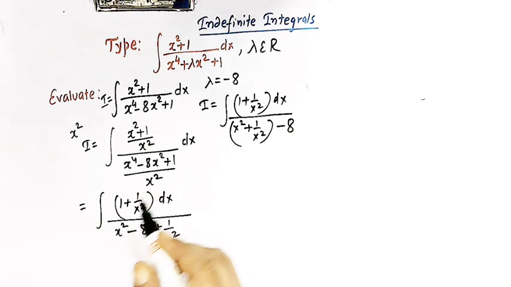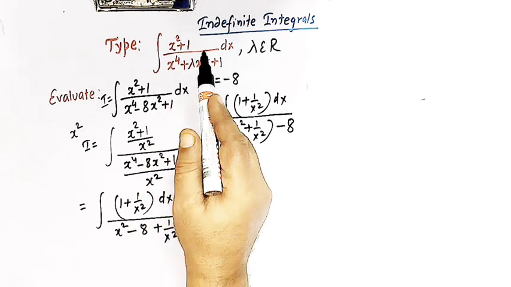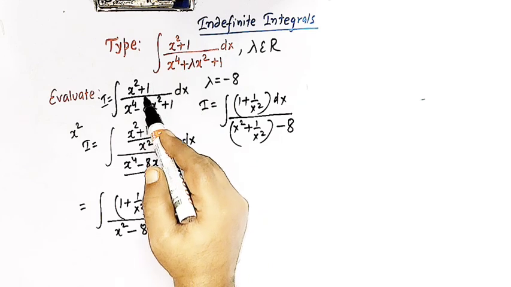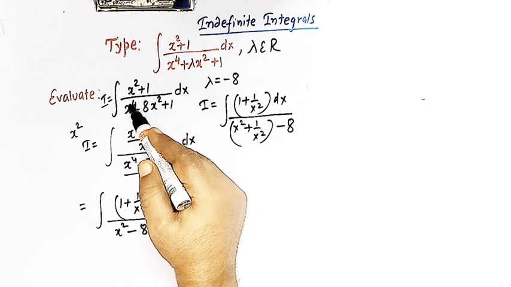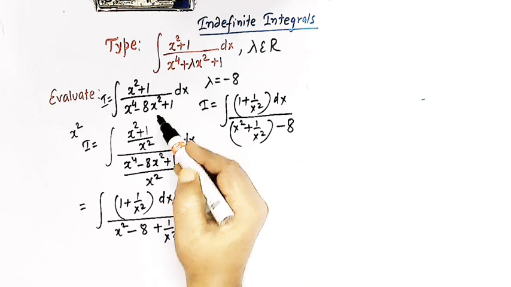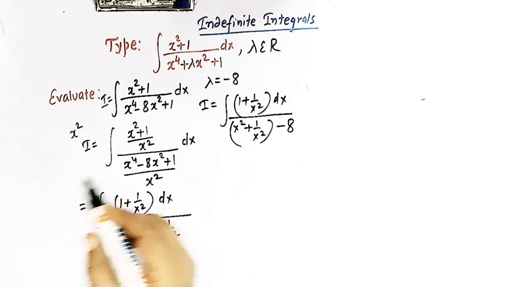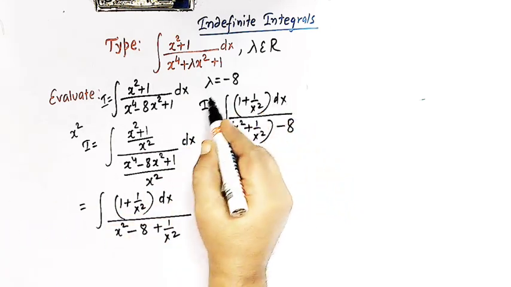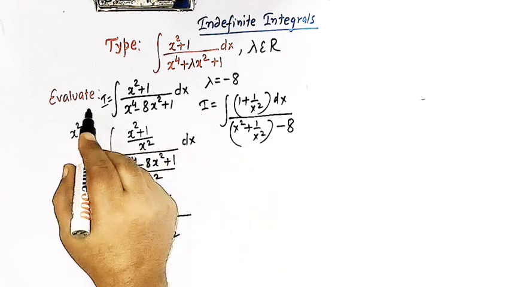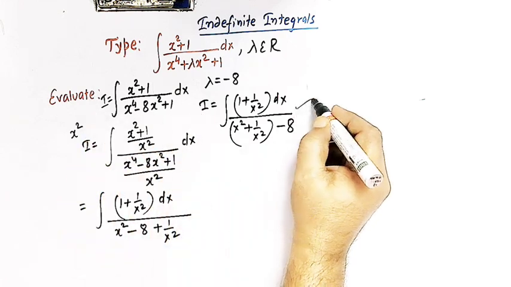So the first step to solve these kind of indefinite integrals is to divide the numerator and the denominator by x square and get the form of the integral I like this.